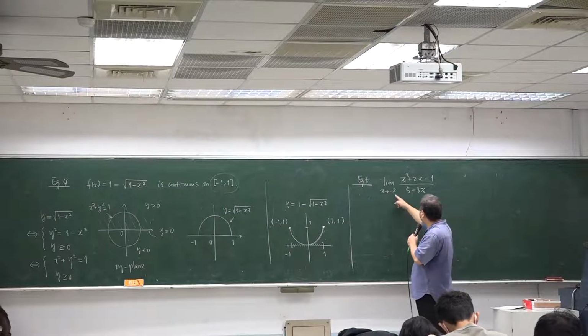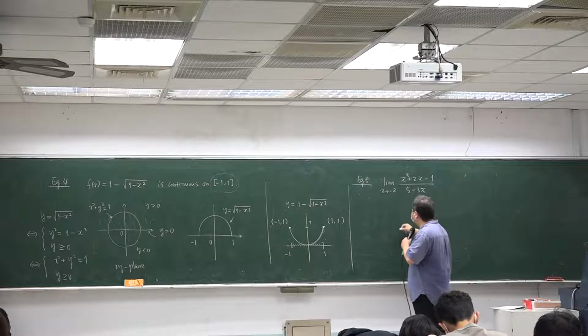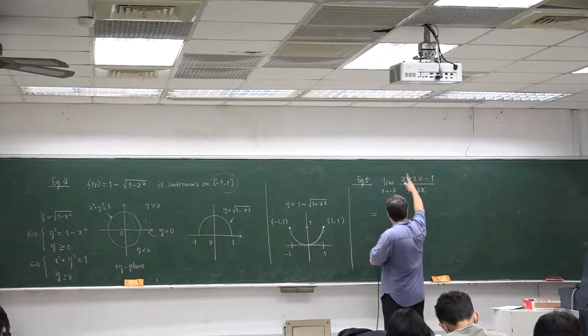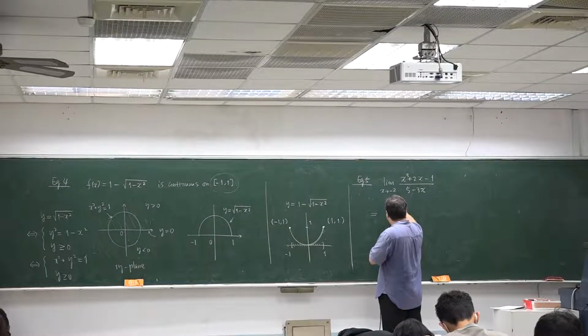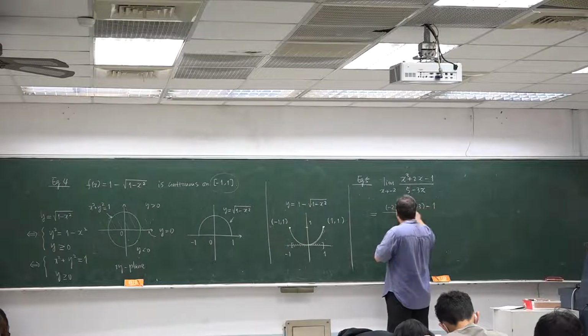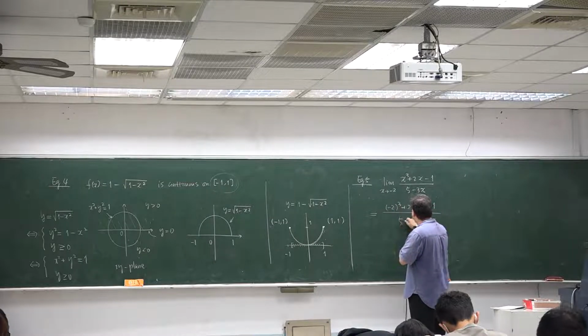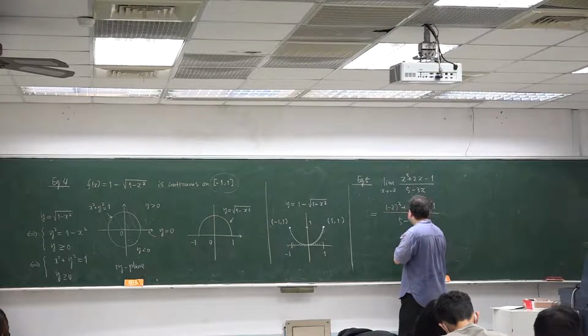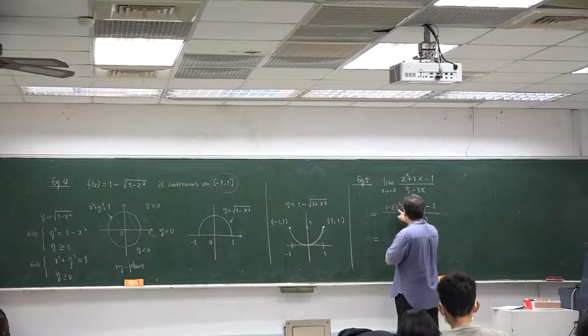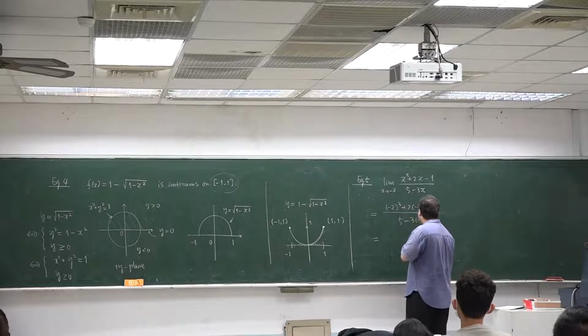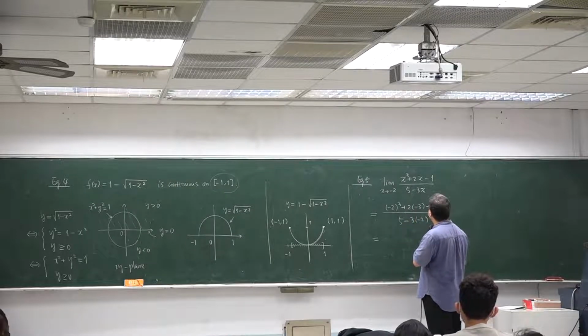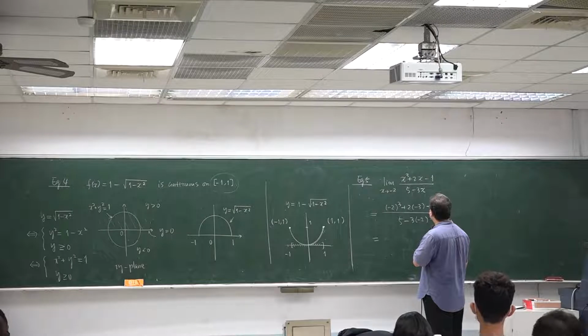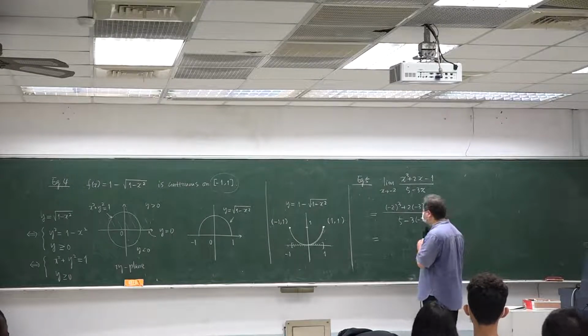So, okay, at -2 the denominator is 11, non-zero. By the continuity of this rational function, the value will be found by letting x be -2. The numerator: -8, minus 14, minus 15.